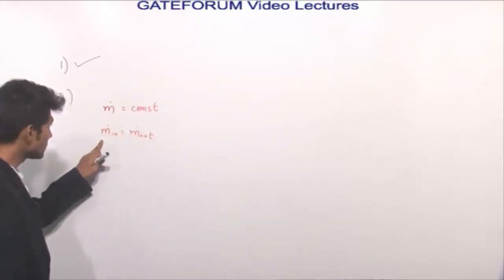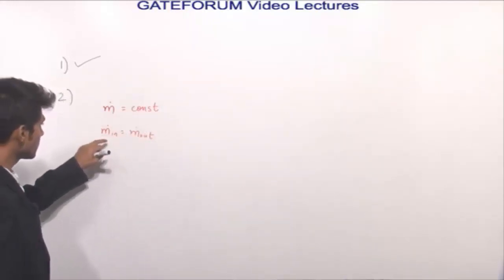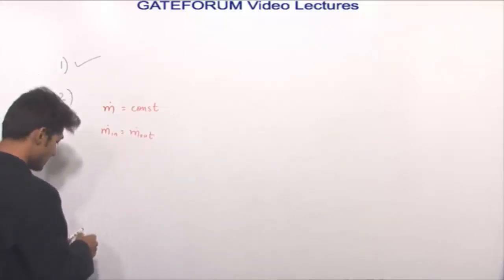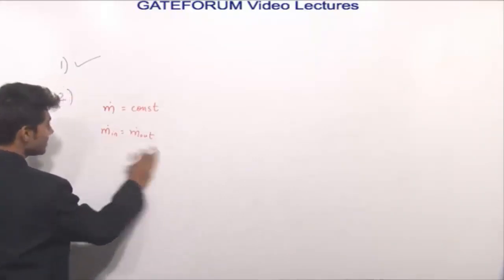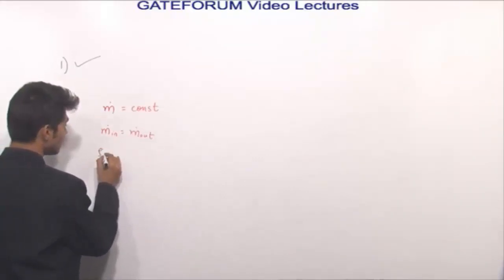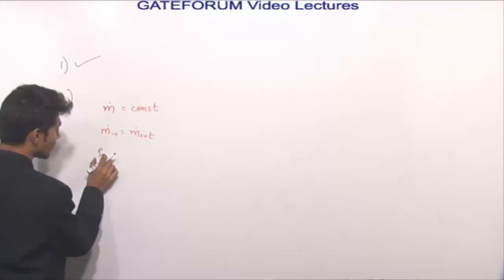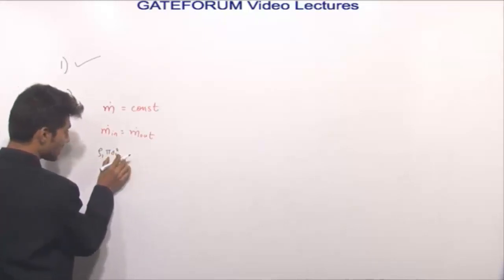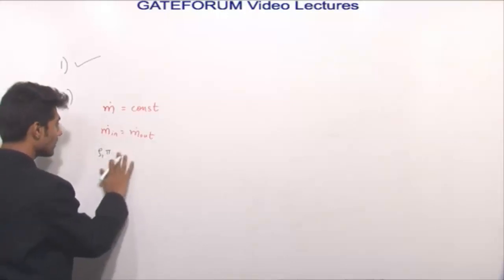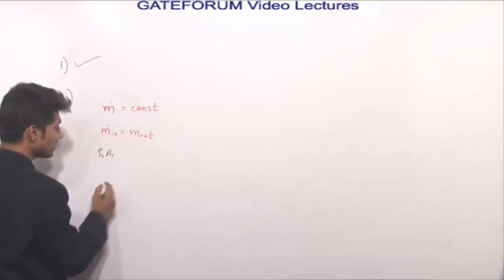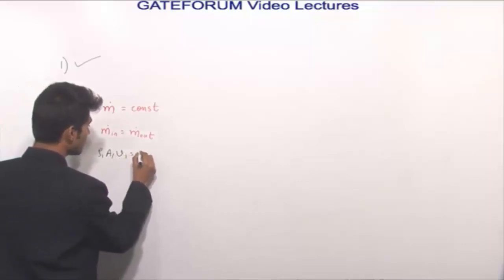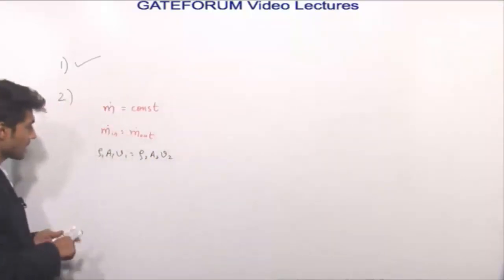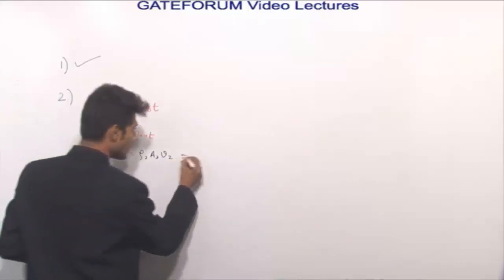So the mass flow rate going into the system and the mass flow rate coming out of the system will be the same. If density is coming in the picture, then rho 1 into pi d1 square, if we are assuming that it is a pipe, or we can generalize this term as area A1, and V1 will be equal to rho 2 A2 into V2. Now this particular velocity, and these all terms are constant.